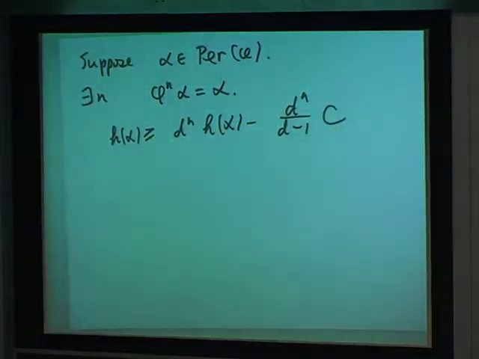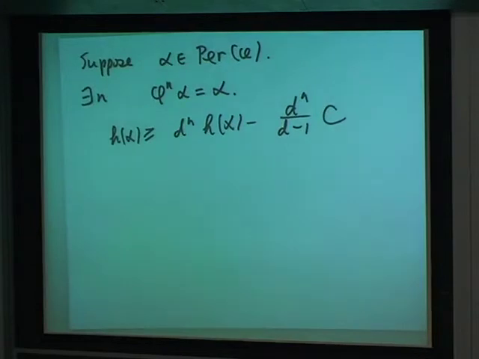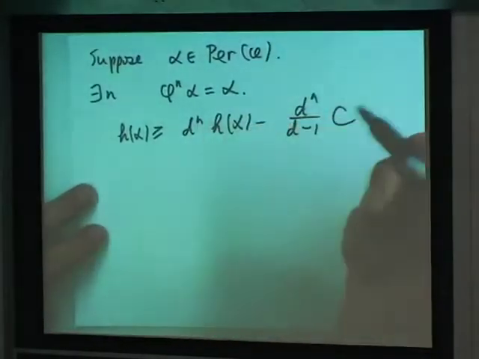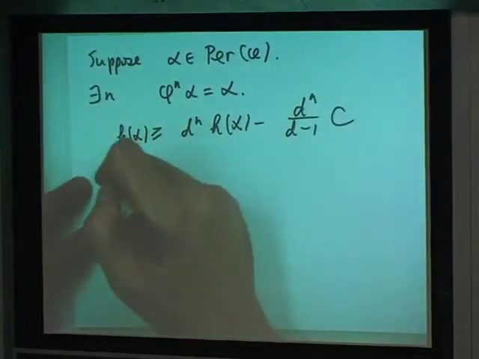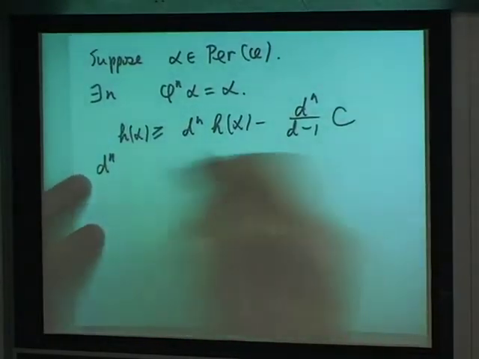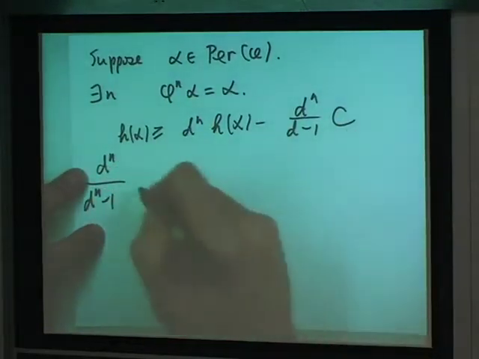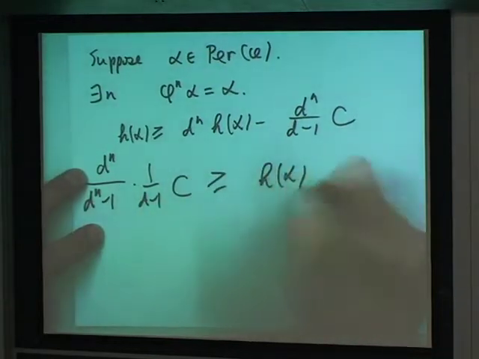And if you just rearrange this a bit, see if I can do this in my head. Let's just do it. All right. So I get, move that over there. So I get d to the n over, there'll be a d to the n minus 1, and a d minus 1, and a c greater than the height of alpha.